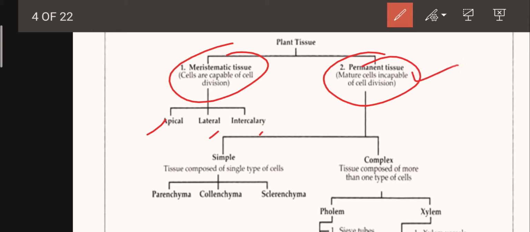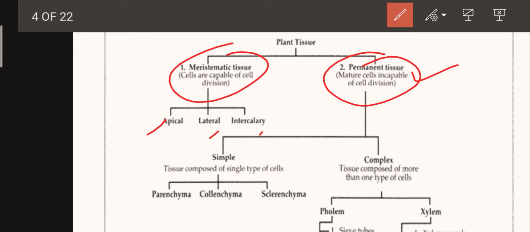And the permanent tissues are those particular tissues which are composed of mature or differentiated cells, and they are incapable of cell division. Although in certain cases the differentiated cells attain the quality to become meristematic, like the cambium during the secondary growth.